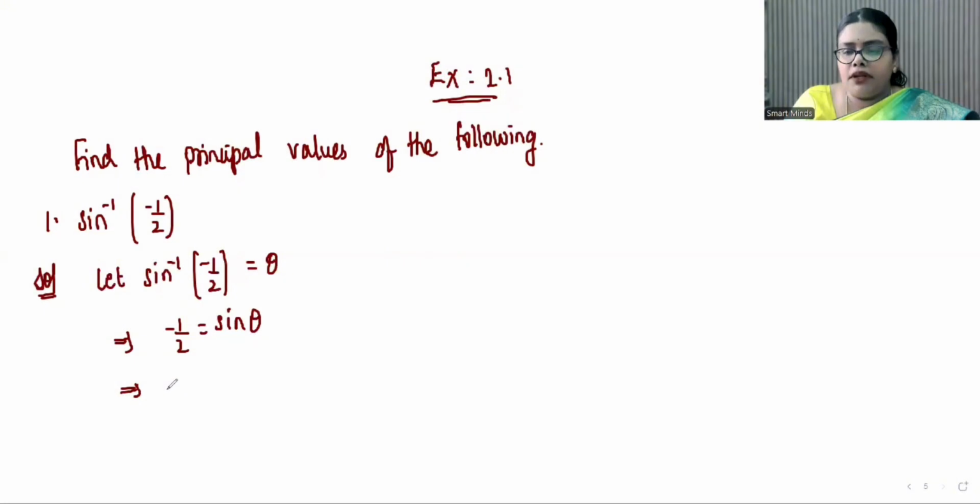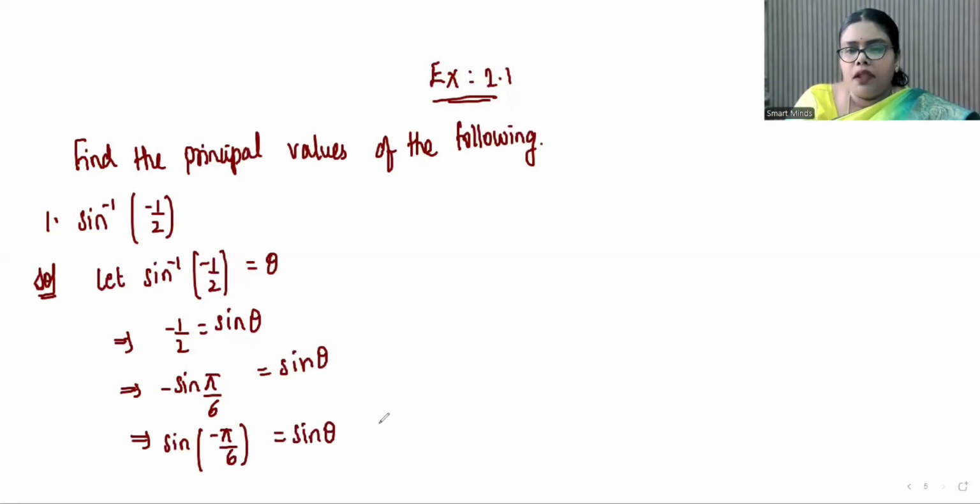So this can be written as minus sine pi by 6 equals sine theta. Now minus sine pi by 6 can be written as sine of minus pi by 6, which is equal to sine theta. Why? Since sine of minus x equals minus sine x.